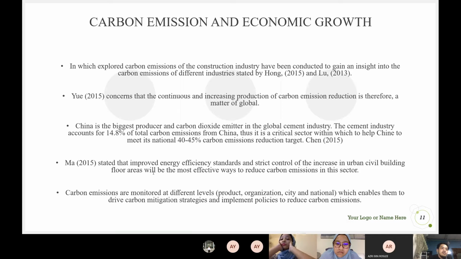However, carbon emissions are monitored at different levels, in which product, organization, city and national, which enables them to drive carbon mitigation strategies and implement policies to reduce carbon emissions. In recent past, there has been significant interest in revealing and estimating carbon emission at these levels.